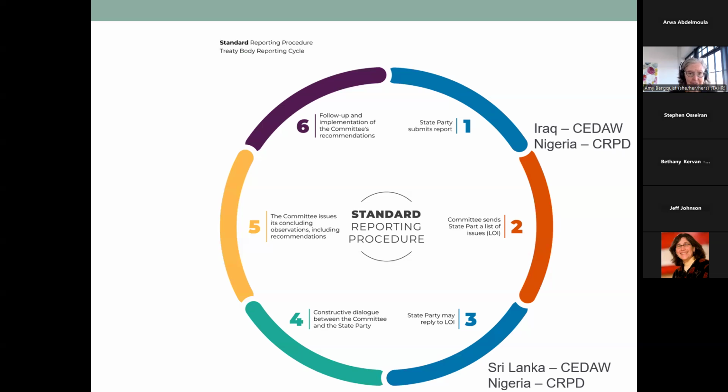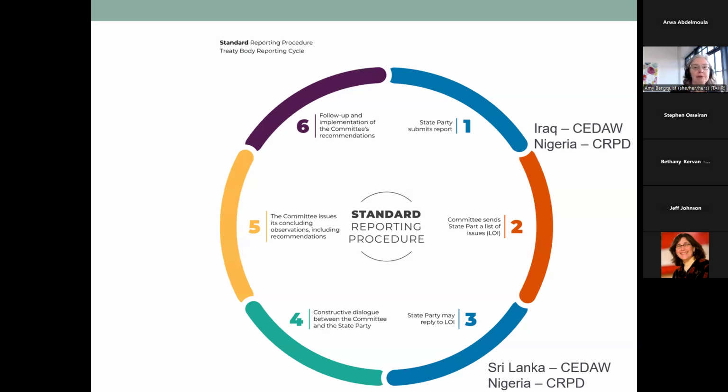We have a state party report. The government has done its own self-assessment. Now we want to get our foot in the door and say to the experts, hey, when you're setting the agenda, be sure to talk about these issues. Be sure to ask questions about these particular issues. After the list of issues gets published, the state party has a chance to provide a written reply.